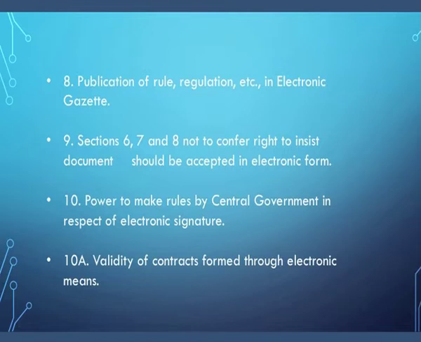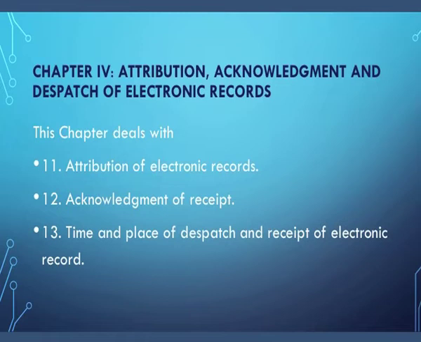Chapter 4, Attribution, Acknowledgement and Dispatch of Electronic Records. First of all, the chapter deals with to whom an electronic record should be attributed.